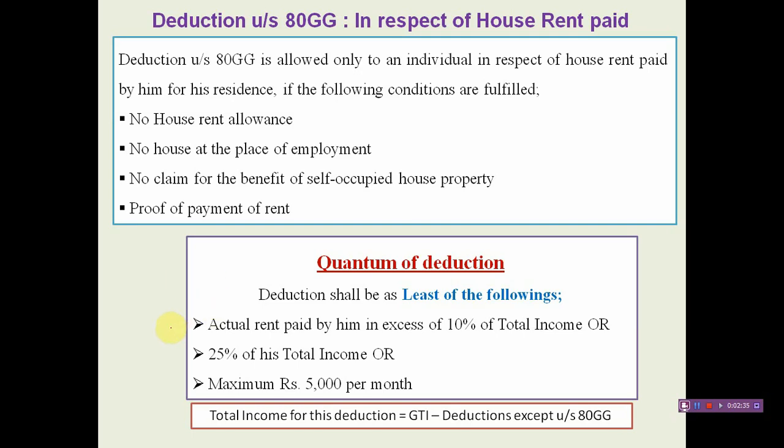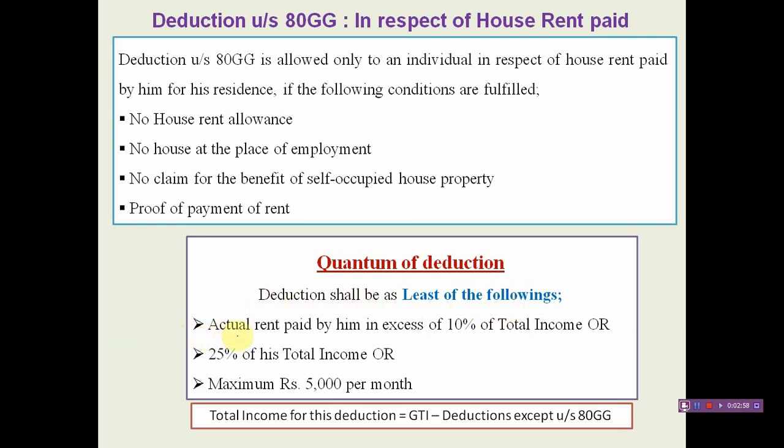See the quantum or the amount of deduction under this section. Deduction amount shall be the minimum of the following. The calculation of the deduction amount under section 80GG is similar to the calculation of the HRA.